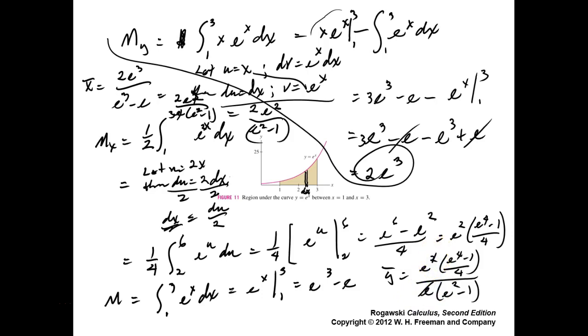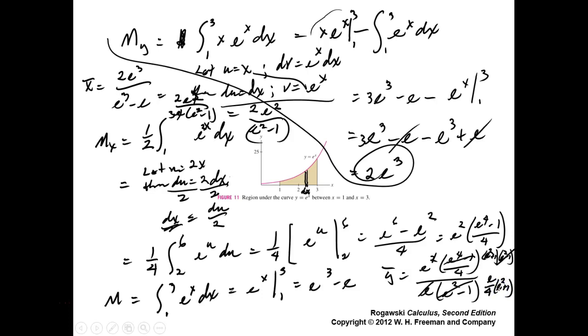And what you can also do here is e fourth minus 1 is e squared plus 1 times e squared minus 1, right? And the e squared minus 1's go out, and that leaves us e over 4 times e squared plus 1.